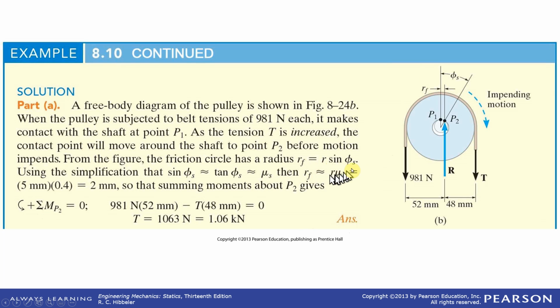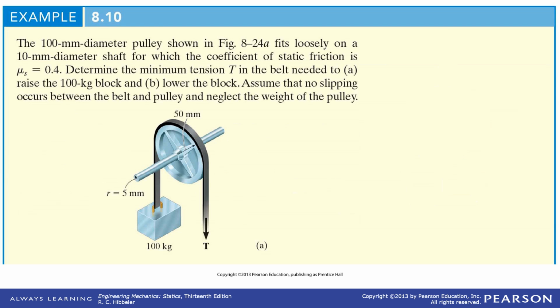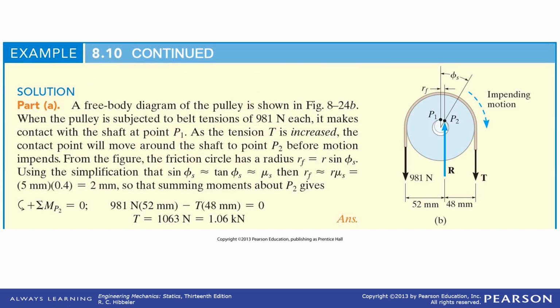We're taking sine phi s to be approximately mu s because it's so small. And what was mu s? 0.4. Arctangent of 0.4, I'd have to go figure it out. It's not that small, but it's also not that large.